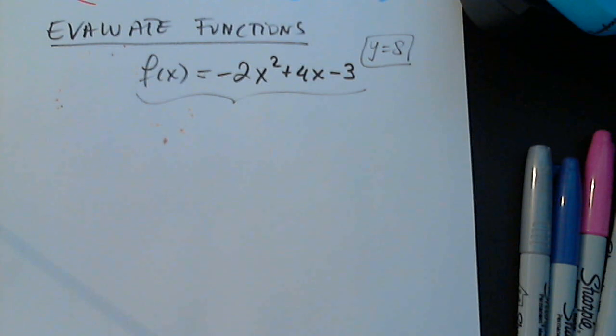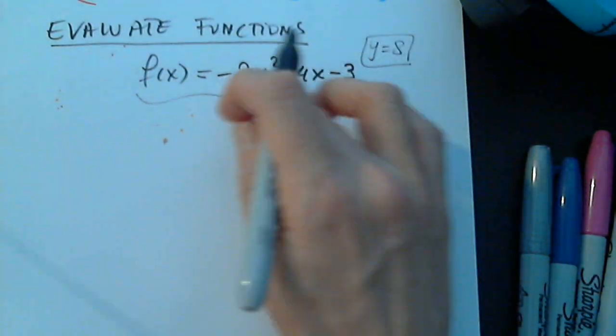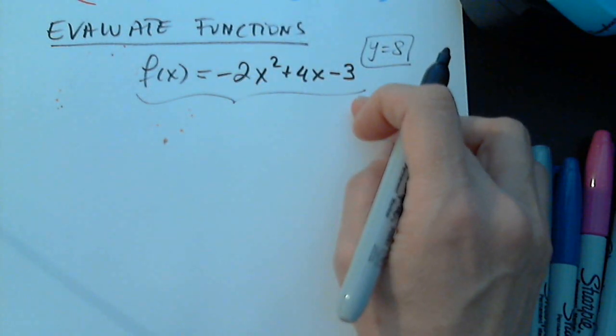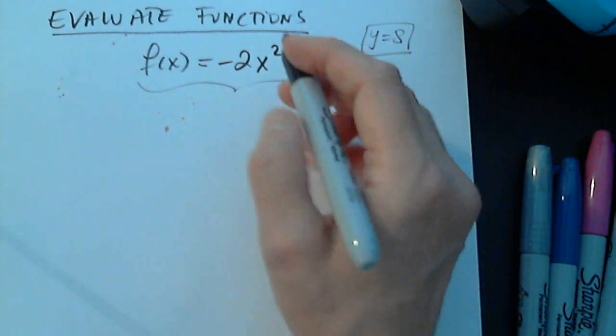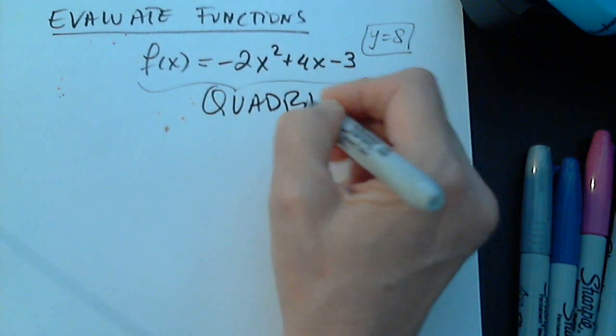I'm sure it was discussed in chapter 1 a lot. A trinomial? Yes, it is a trinomial, but what is the degree? 3. Careful. 2. Yes, the degree is 2, so it's a quadratic function.